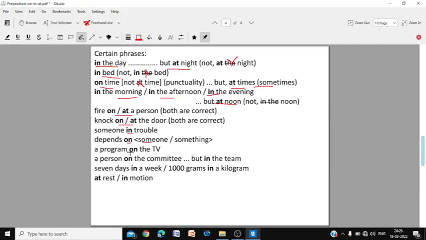A program is always on the TV. A person on the committee, but a person is in the team. A player is in the team, but a person is on the committee. We have got 7 days in a week. 1,000 grams in a kilogram. We say an object is at rest, but an object is in motion.